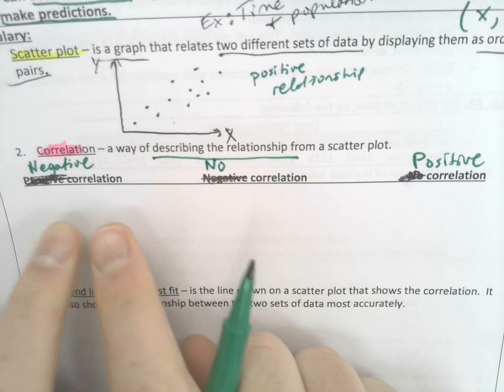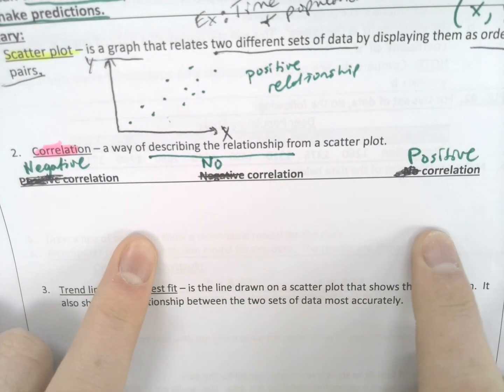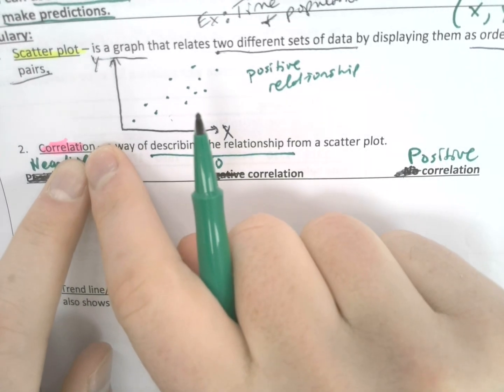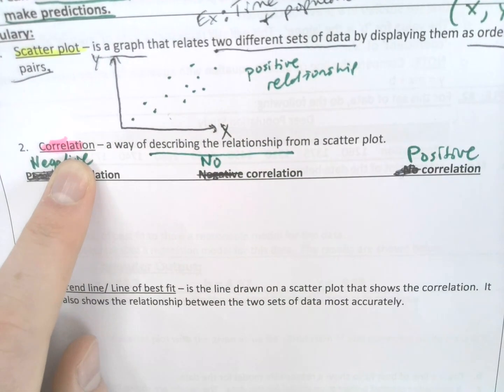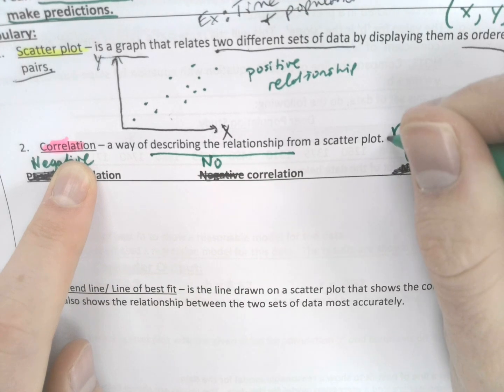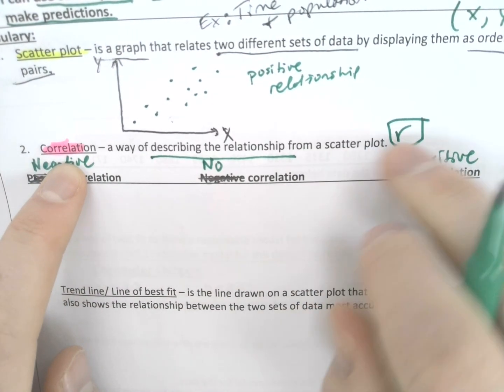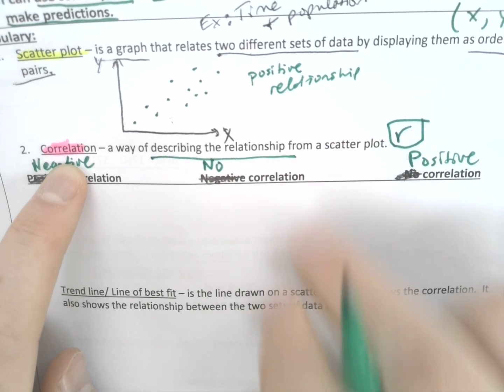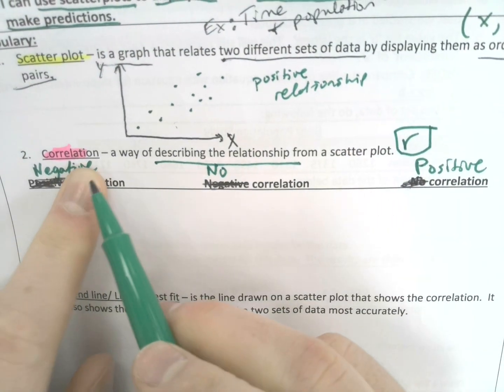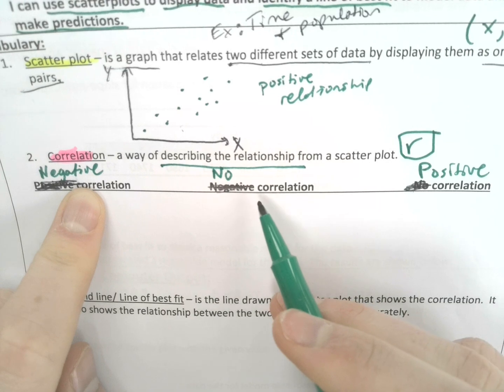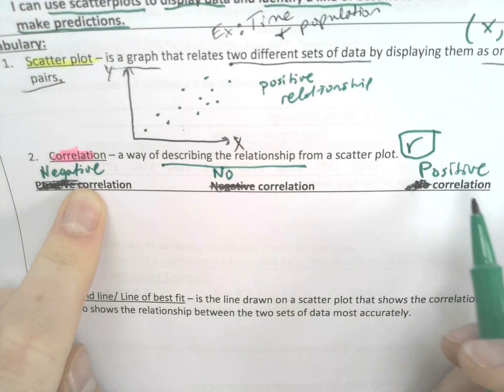I like this better because, think of the number line, negative to positive. And so, guys, when we talk about correlation, the letter we use is the letter R. I guess because there's two of them in there. Correlation, we use the letter R. And so we're saying, is R going to be negative? Is R going to be no? Or is R going to be positive?